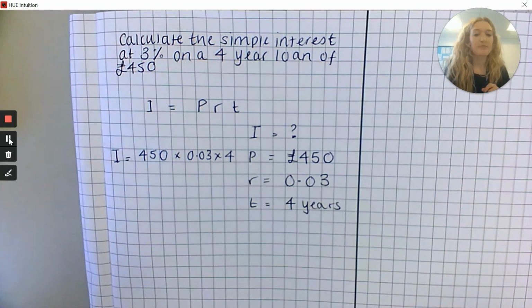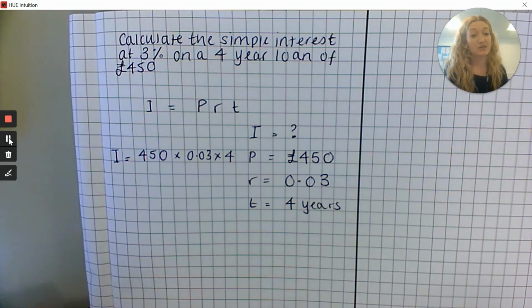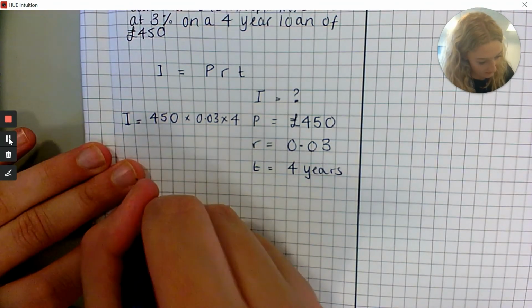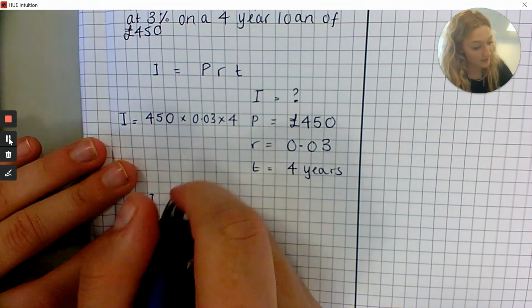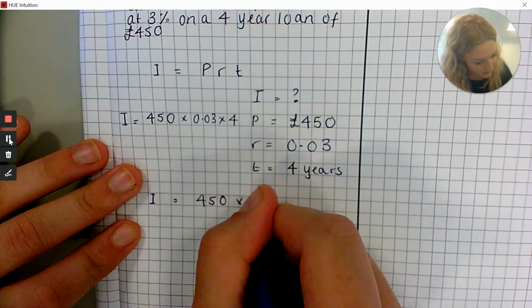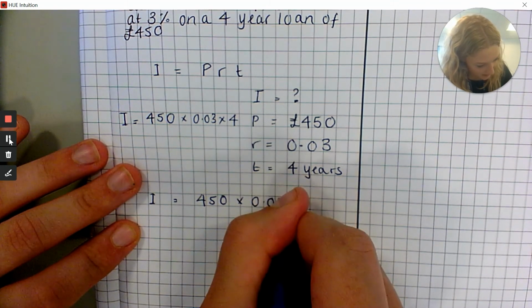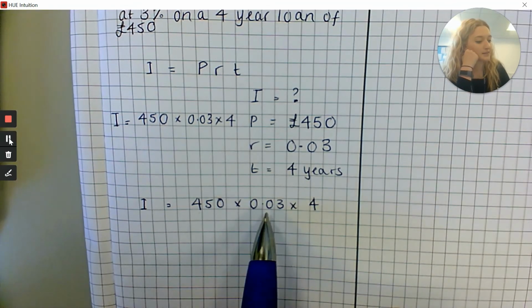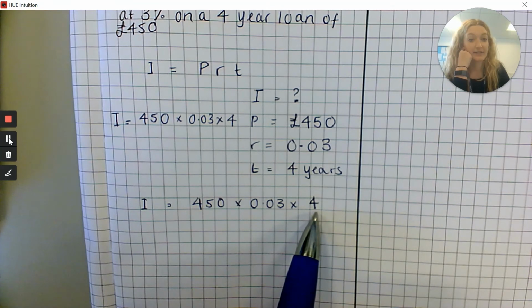I'm going to write that out underneath so it's bigger and clearer as to what we're doing. So I equals 450, that's the principal, times 0.03 times 4: the principal times the interest rate times the time. Pause it and copy that out now.